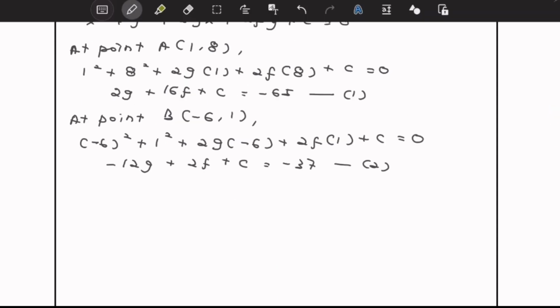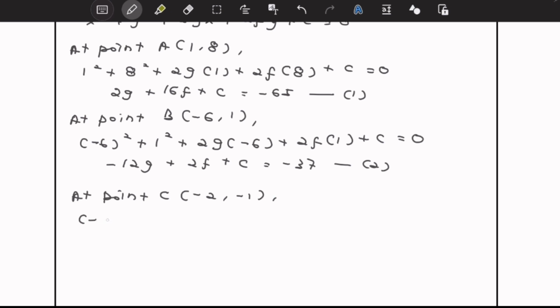For our third equation, we will use point C. At point C, the coordinate is (-2, -1). So we substitute into the general equation.